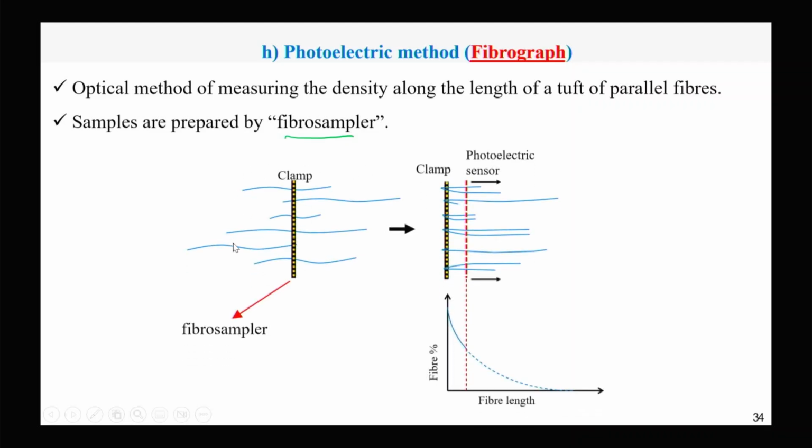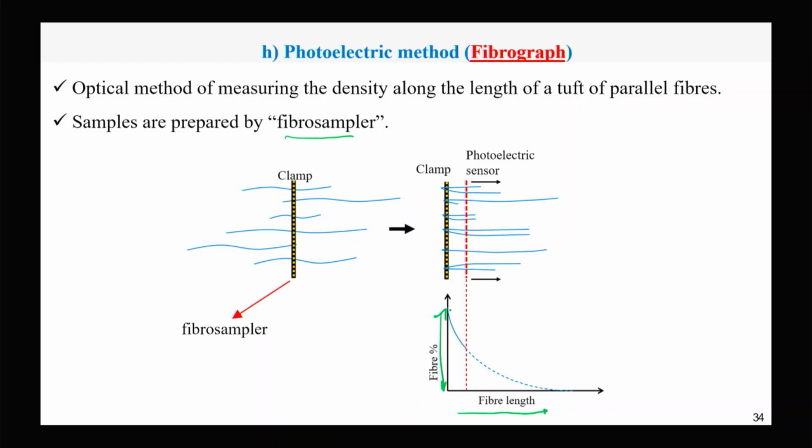So this is the clamp of cotton fibers of different length, and we have produced the loop form, and the photo sensor is sensing, and as the photo sensor is moving, it gives a plot of proportion of fiber on the y axis and length spanned on the x axis.